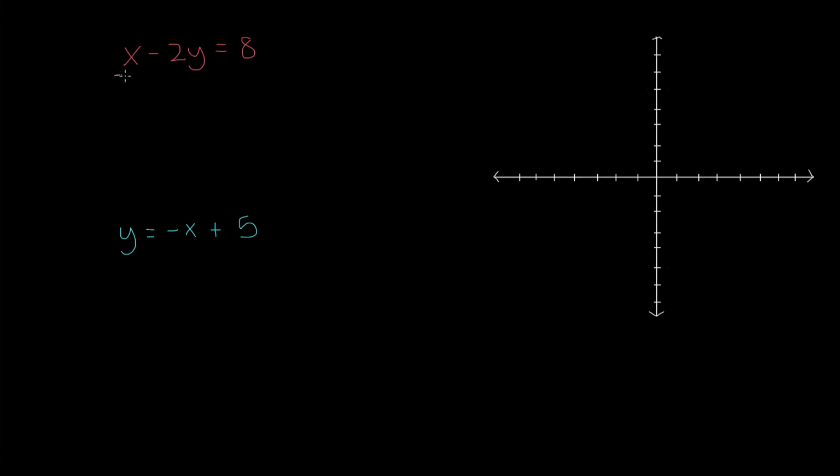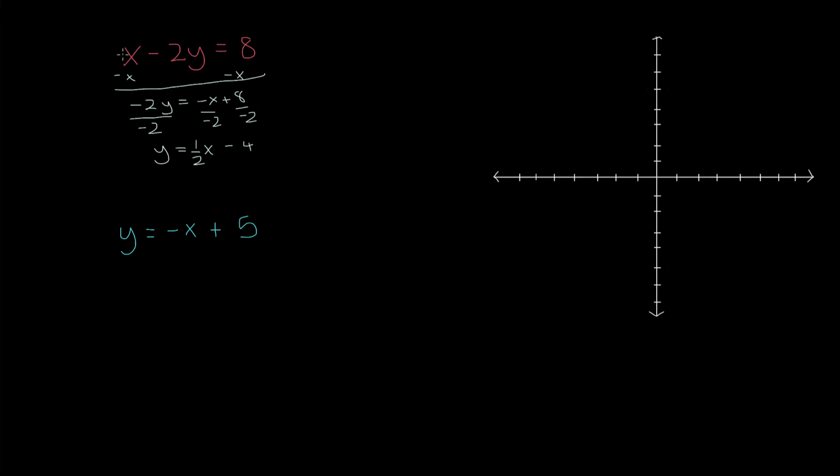We're going to subtract x from both sides, and we get minus 2y equals minus x plus 8, and then we divide both sides by negative 2, and we get y equals half x minus 4.